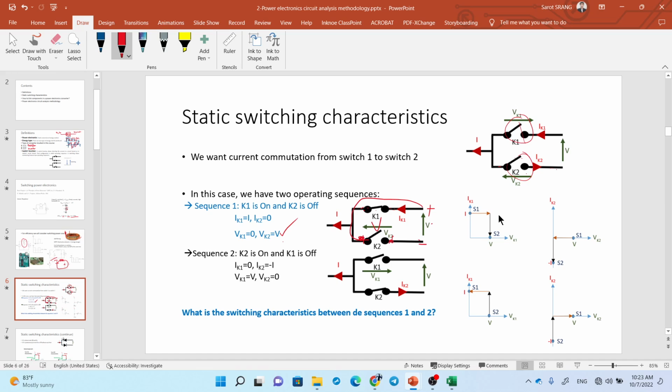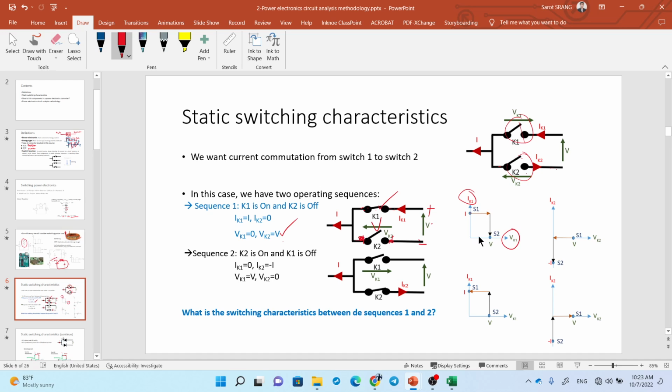And this is just a graph to illustrate how you move from sequence 1 to sequence 2. At sequence 1, you plot IK1 versus VK1. For sequence 1, let's say this one, you have current I and 0 voltage, and then you move to sequence 2.